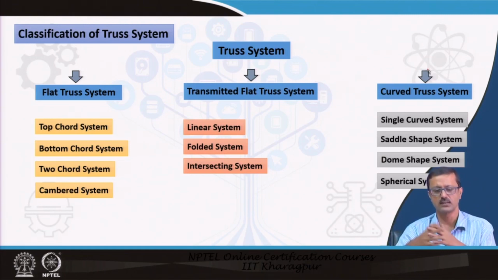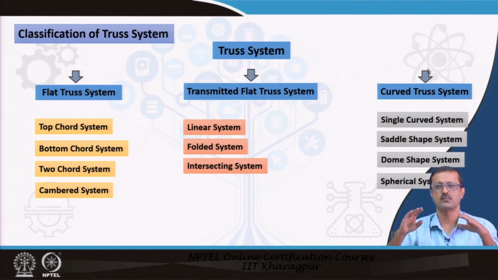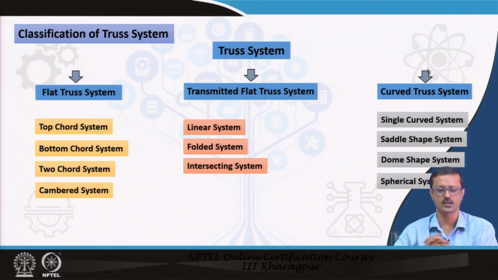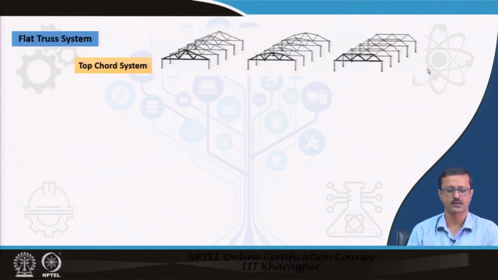The second one is also a flat truss system, but a transmitted kind of system, where one flat is provided with another flat in a linear or angular fold or direction. And the third one, as usual, is the curve kind of truss system. So, let us go further into the details of these 3 types of truss system.